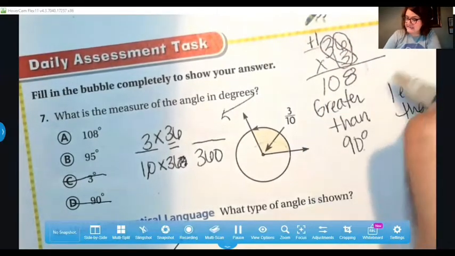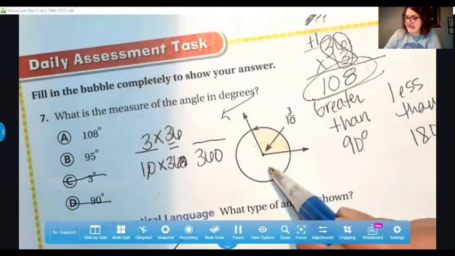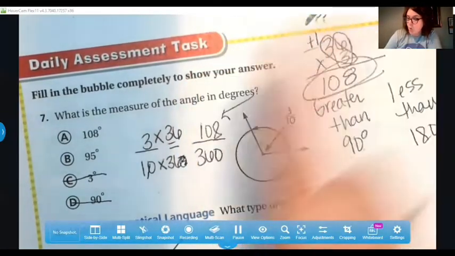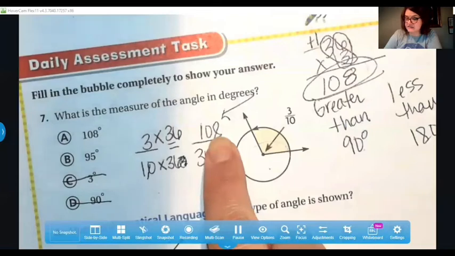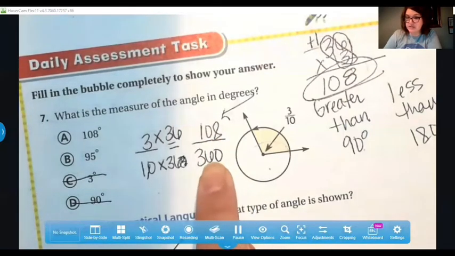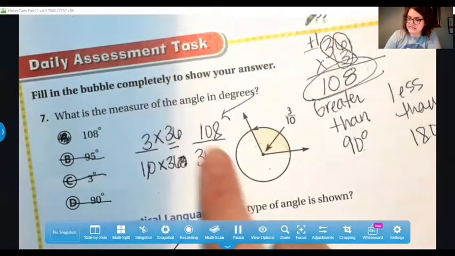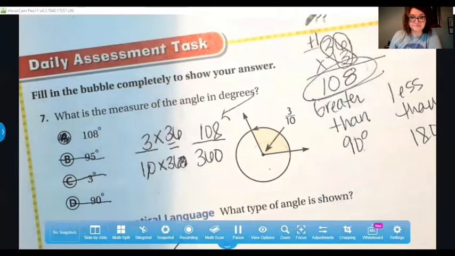So you can see that this angle is 108 over 360. That leaves 108 for our answer because it is equal to 3/10.